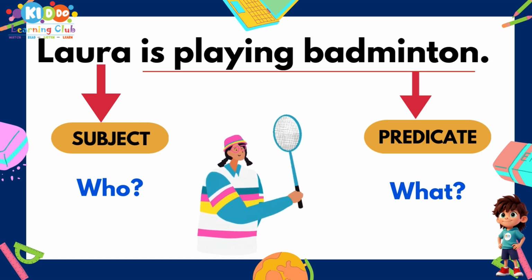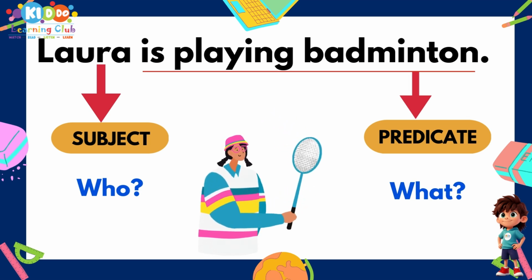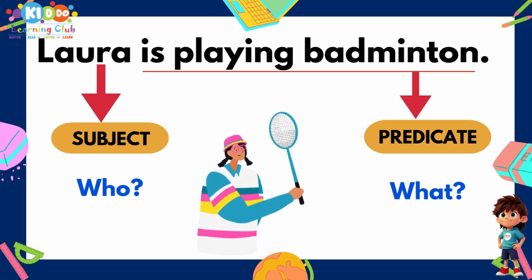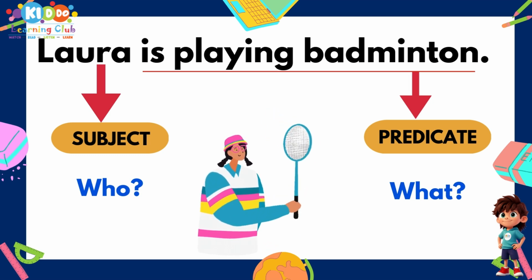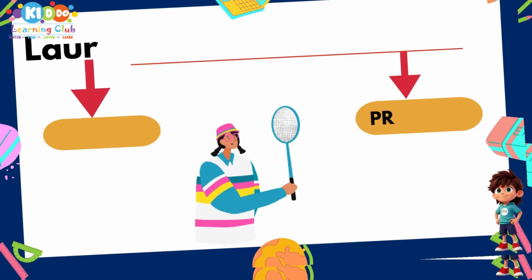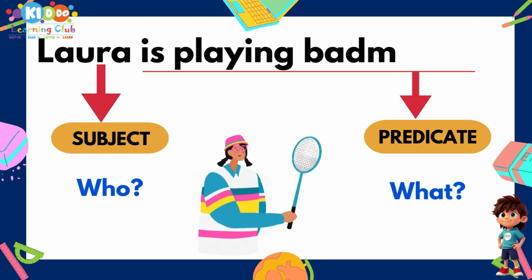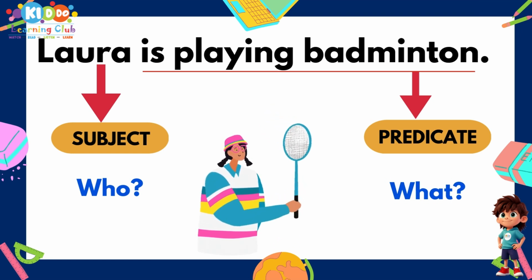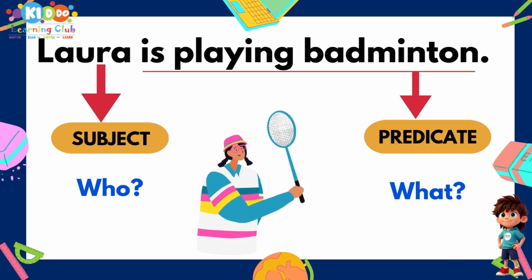Laura is playing badminton. In this sentence, we are talking about this girl Laura, who is the subject. So, if I ask who is playing badminton, the answer I get is Laura. So, Laura is our subject, whereas the rest of the sentence describes the action done by Laura.